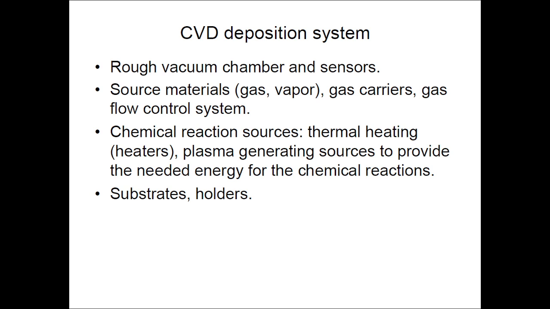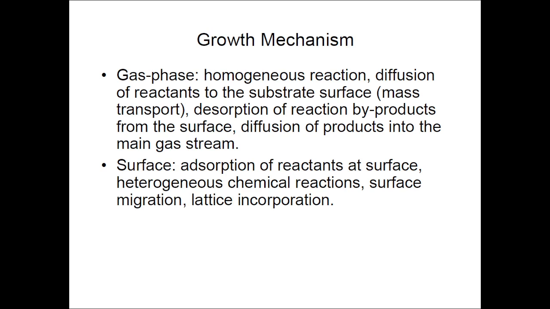So the CVD deposition system will have a rough vacuum chamber and sensors, and the source materials will be there: gas, vapor, gas carriers, a gas flow control system, and the chemical reaction sources. We have thermal heaters and a plasma generating source to provide the needed energy for the chemical reaction, and we'll have substrate holders.